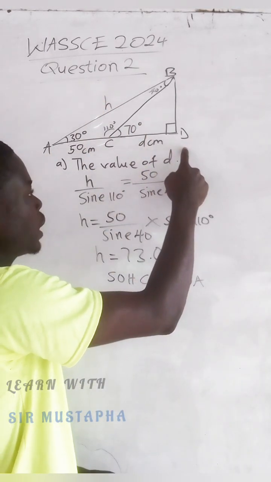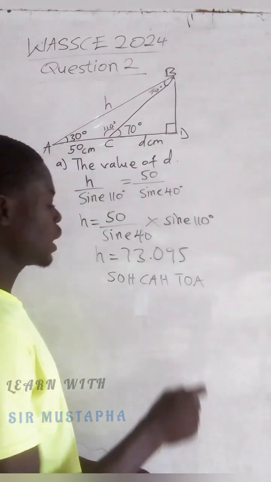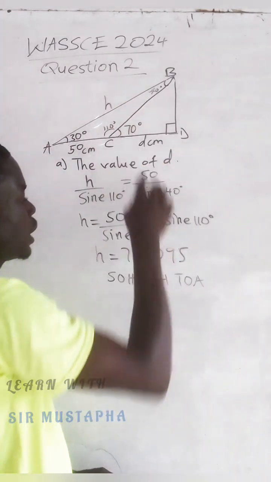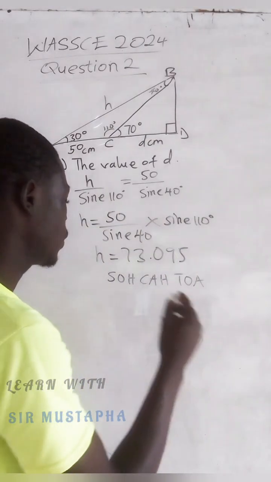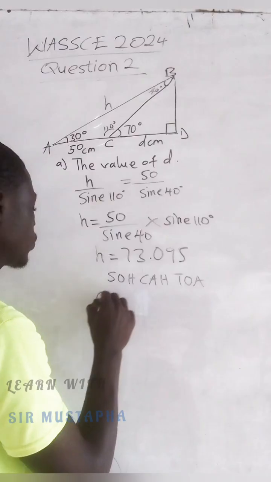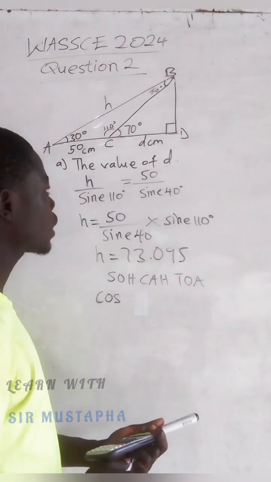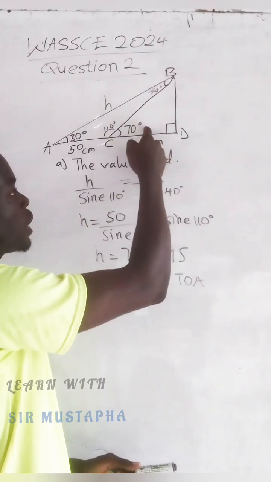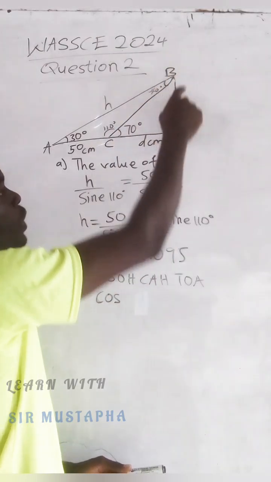The value for AD is 50 plus D centimeters, and the hypotenuse is H, which we got as 73.095. For the angle, we are not going to use 70 degrees because 70 is just for angle CBD.